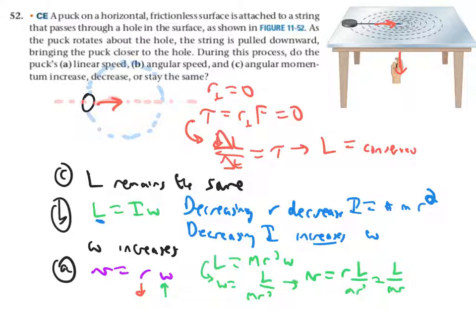And so as R gets smaller, V gets larger. In other words, the impact on omega overwhelms the decrease in R, and so V also gets larger.